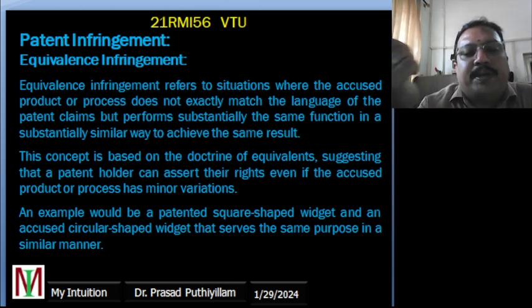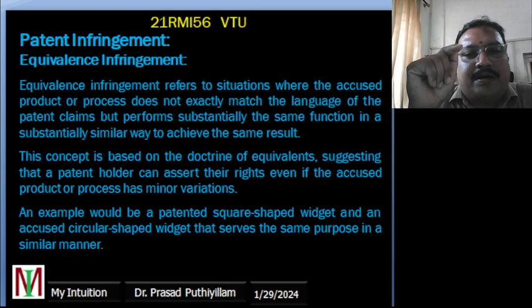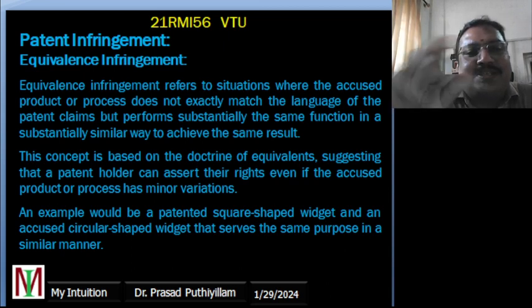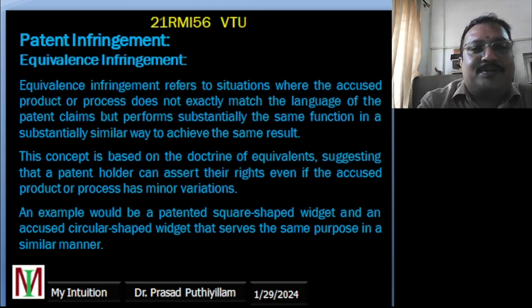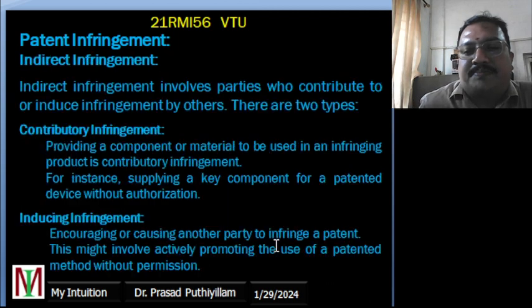If another company introduces a cleaning machine with a brush of a different size or shape, then we can say it is equivalent infringement. It's a minor variation. Literally they are not using the same thing, but they are using an equivalent thing, so it comes under patent infringement. That is called equivalent infringement.